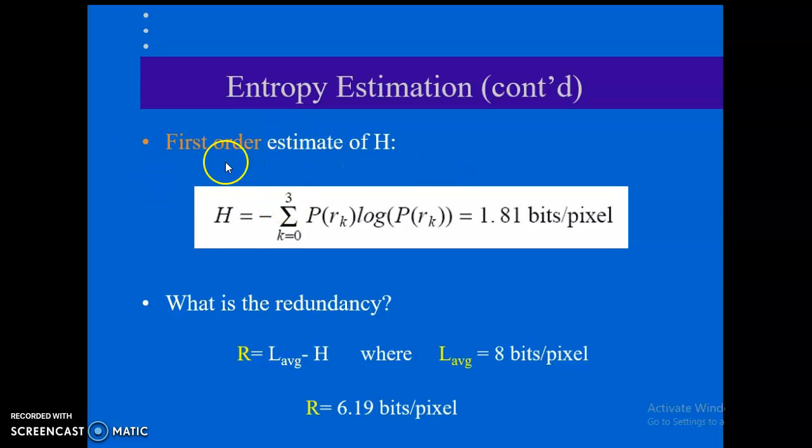First order estimate of H equals minus the summation over k equal to 0 to 3 of P of rk log of P of rk, which equals 1.81 bits per pixel. What is the redundancy? R equals L average minus H, where L average equals 8 bits per pixel. So R equals 6.19 bits per pixel.